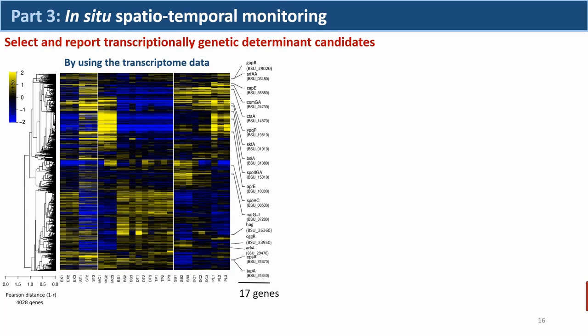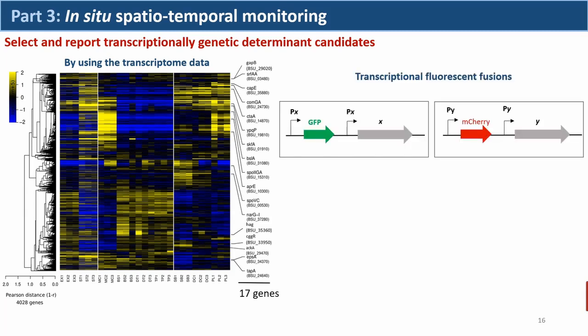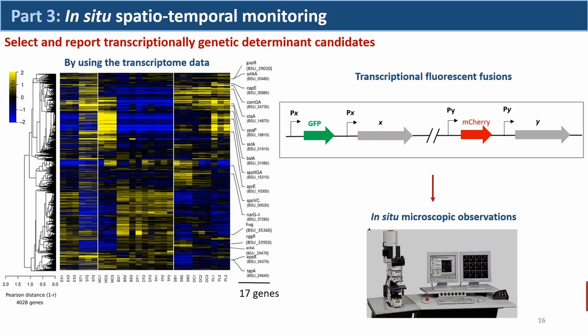We also took some motility genes and so on. We reported these genes transcriptionally, either by GFP or mCherry. In some cases, when we had oppositely regulated genes, we were able to report them differently in the same cell and observe them under the confocal microscope.